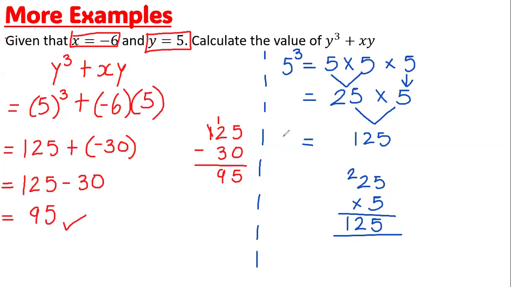Put the 125 plus negative 30. Then you don't put this one? Yes, sir. But you got 95? Yes, sir. That's fine.